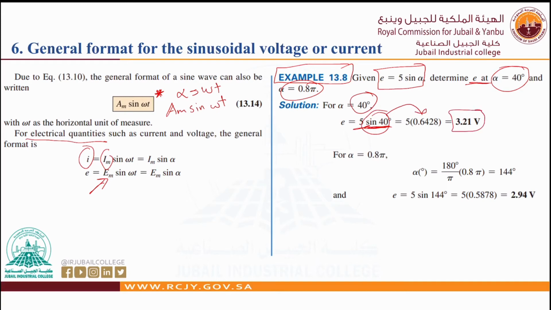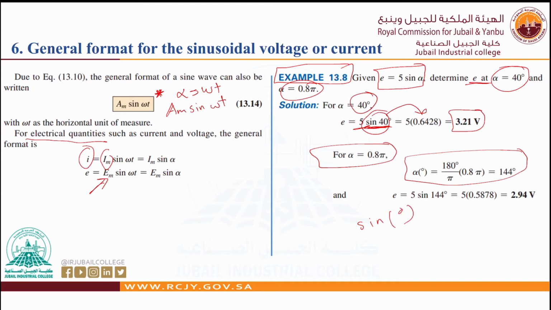For the second angle, it's already in radian. You should, as he did here, put it in degree, because if I use sine, I should have it in degree.